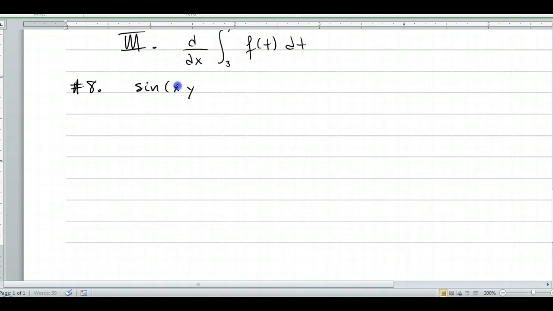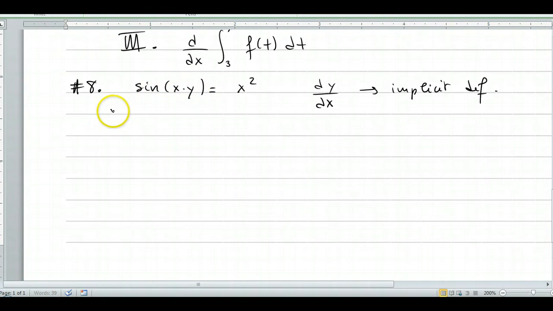Sine of xy equals x squared, and they want dy dx, so you know what that means. That means implicit differentiation, right? So let's do implicit. This is a sine of a function, so you have to derive the function, right? So let's derive x times y. This is a product rule.